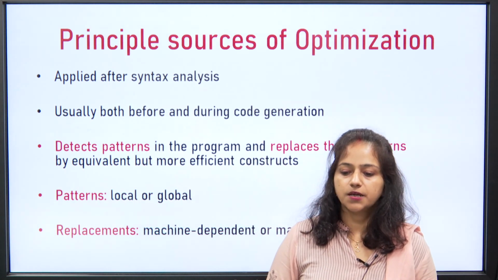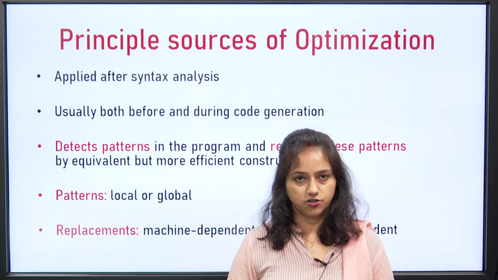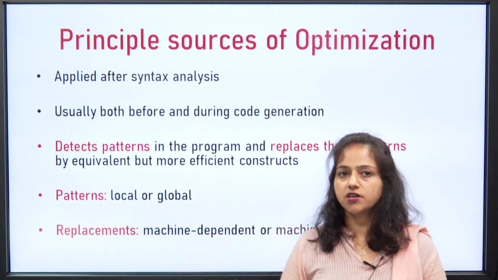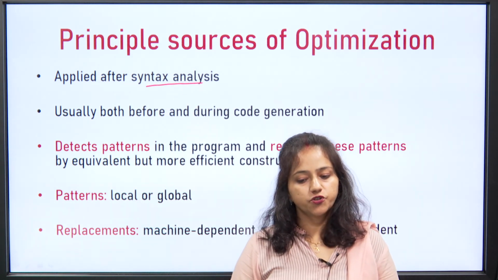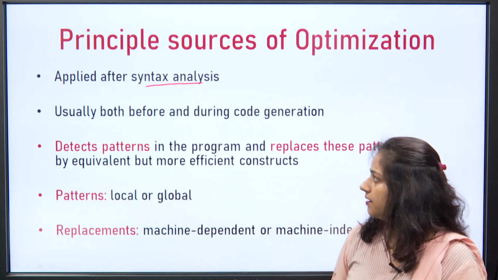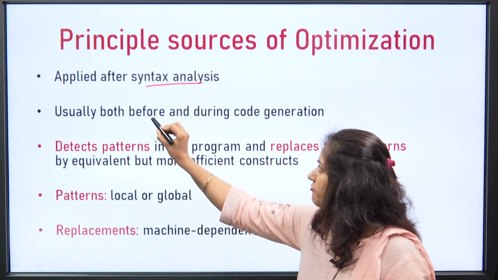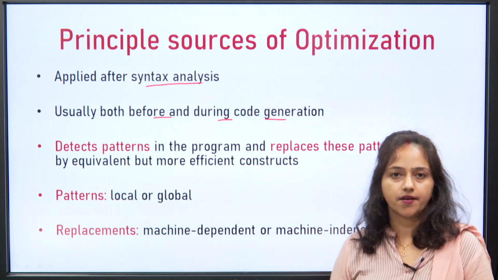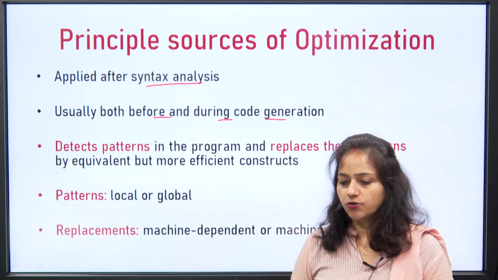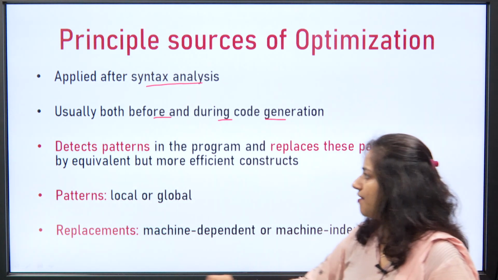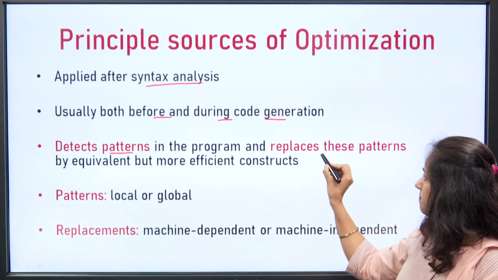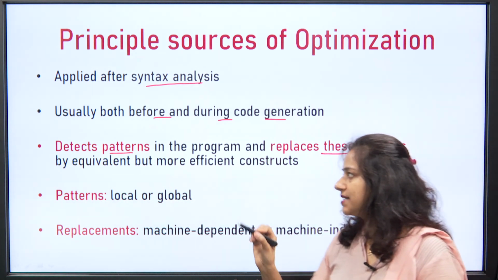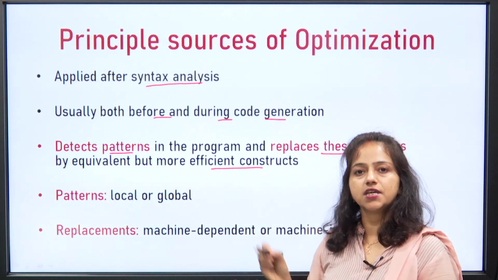Now there are certain principal sources of optimization. Optimization is performed after the syntax analysis, usually at both stages, before or during code generation. So how do we do code optimization? First we detect the patterns in the program, then replace these patterns with equivalent and more efficient constructs.